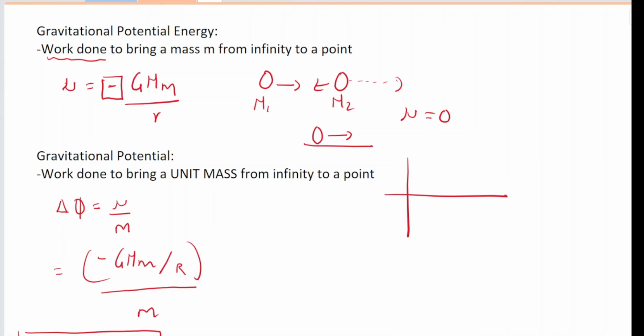I'm trying to go a bit deep here, but I'm trying to explain why this is the case. We have U on the y-axis, and we have R on the x-axis. And this is the maximum gravitational potential energy when these two are completely far from each other. So imagine how much work you have to do to oppose these two masses, right? And this is at 0.